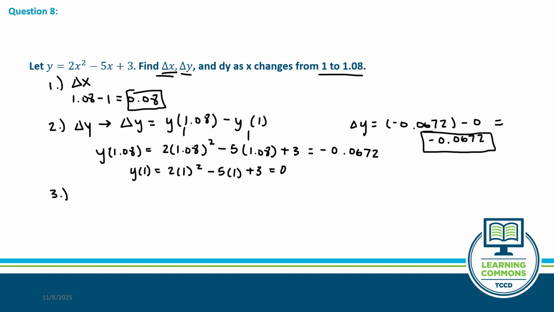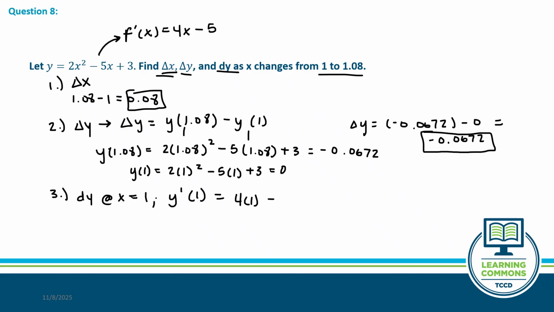And then for 3, dy is essentially just y prime of 1. So find the derivative of this, which is going to be 4x minus 5. So then you're just going to plug 1 in there. So 4 times 1 minus 5, negative 1.